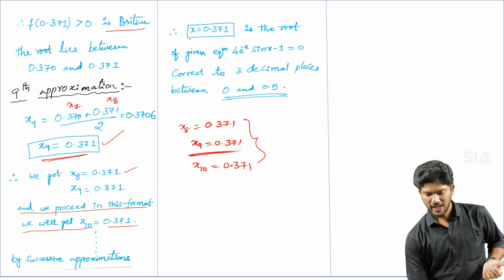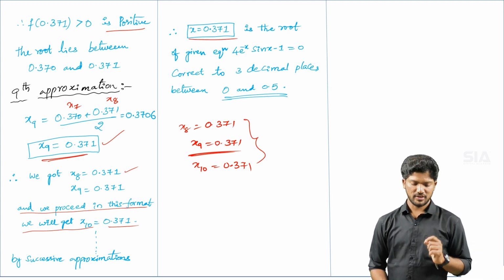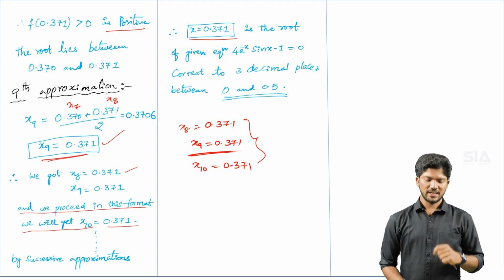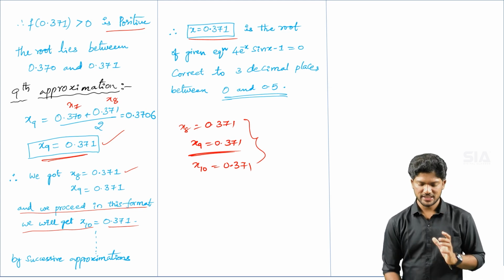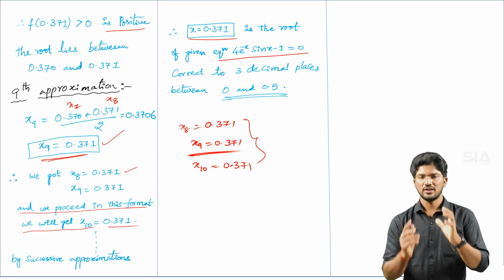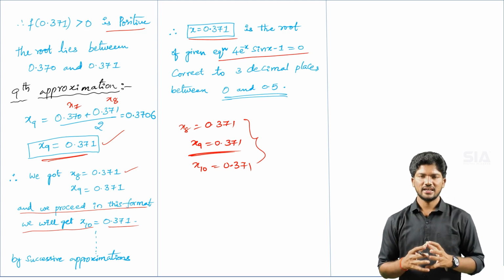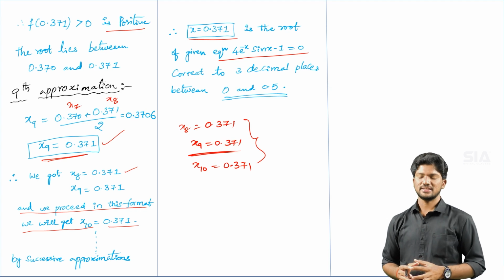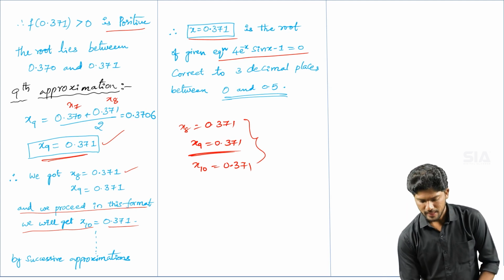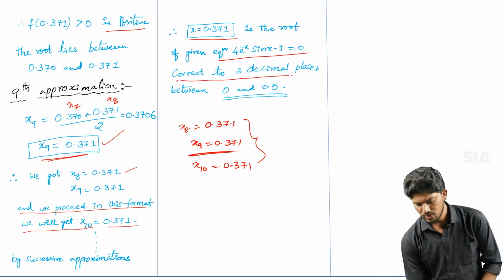So therefore x is equal to 0.371 is the root of the given equation 4 into e power minus x into sin x minus 1 is equal to 0. For the given transcendental equation, the root is x is equal to 0.371, which is correct to 3 decimal places.